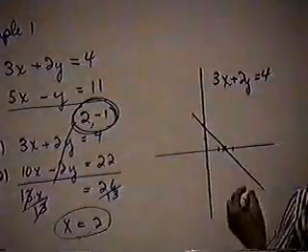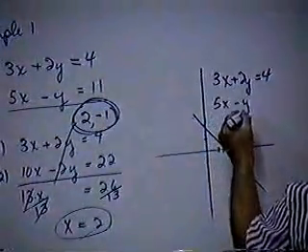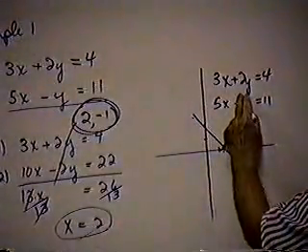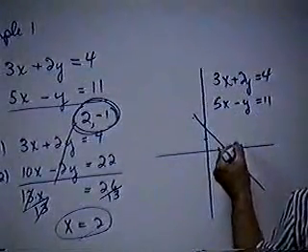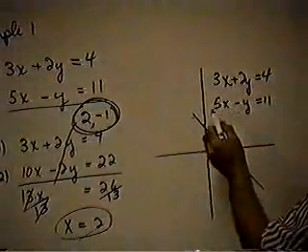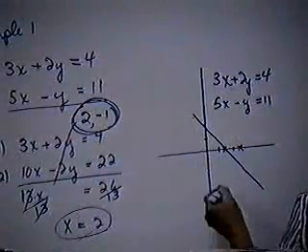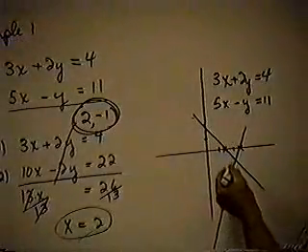All right. And then if I graph the line 5x minus y is equal to 11, put my hand over the y, and x is 2 1/5. And if I put my hand over the x, then y is minus 11. That's somewhere down here. And look what happens.